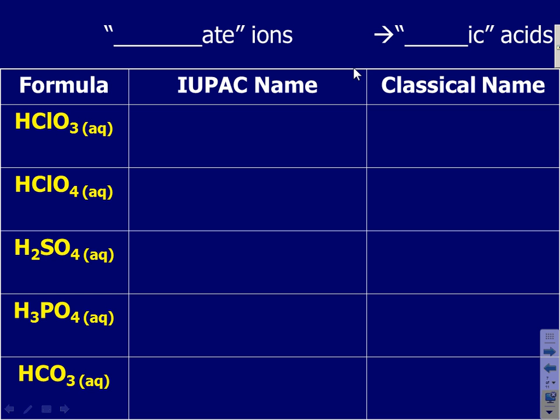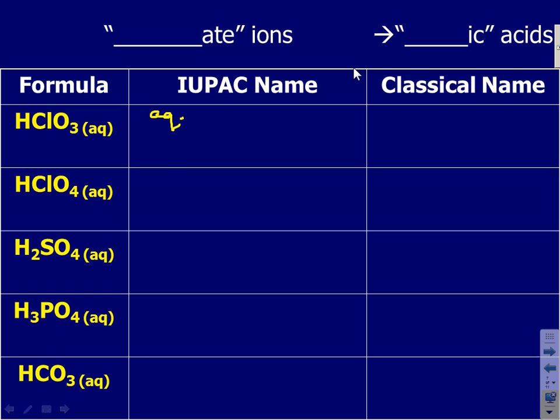So again, the IUPAC name is a logical name. It's aqueous. I'm going to just put AQ with a dot just to save us from having to write aqueous over and over again. Can you do that on a test? Humor me and write aqueous out completely. All right? So on a test, if I'm asking you for the IUPAC name, write out aqueous.